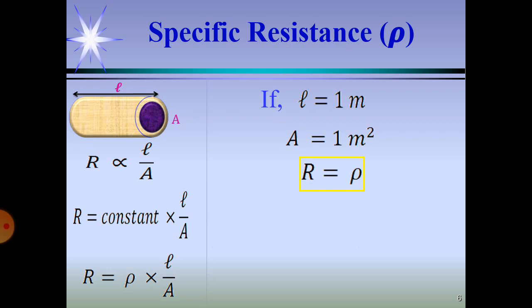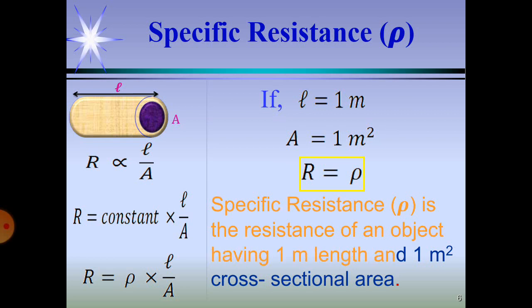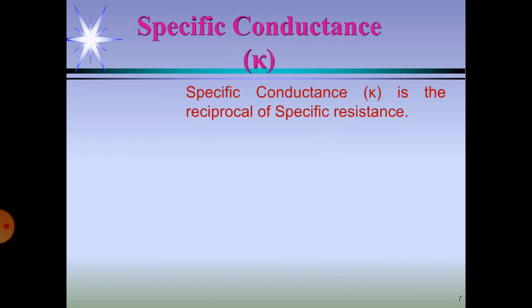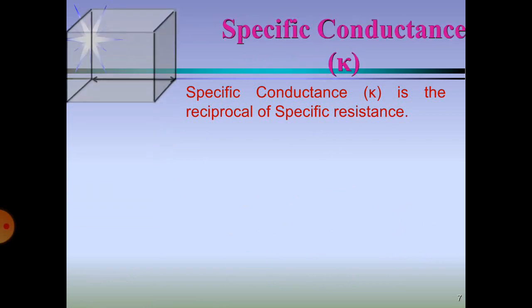How to then define specific resistance? Specific resistance rho is defined as the resistance of an object having 1 meter length and 1 meter square cross-sectional area. Then we have to define what is meant by the specific conductance kappa. Kappa is the reciprocal of specific resistance.